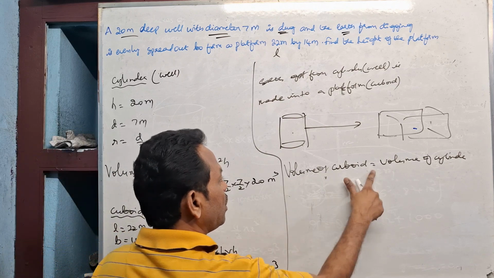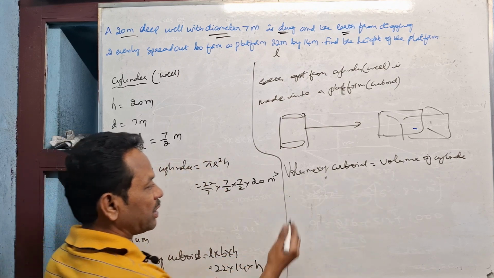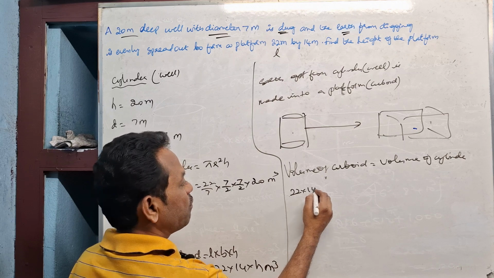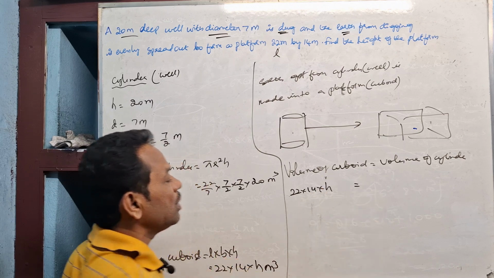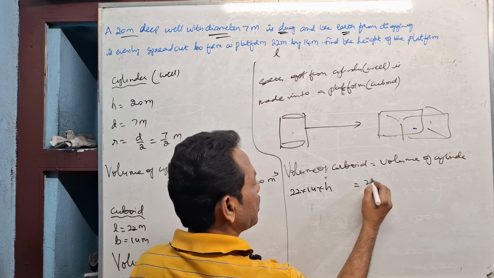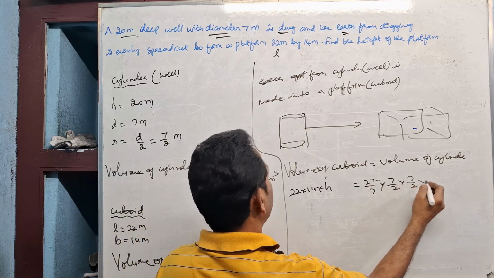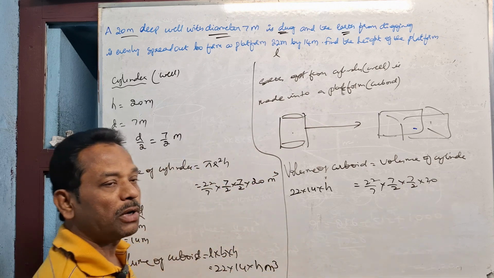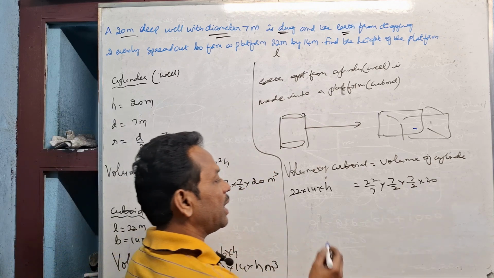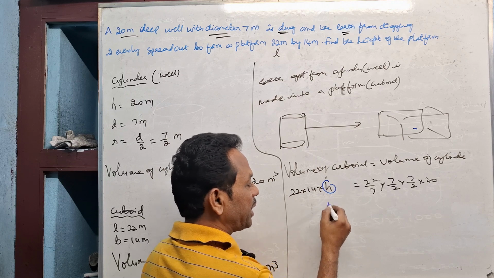Here we know the volume of cuboid. So 22 into 14 into H equals the volume of cylinder, which is 22 by 7 into 7 by 2 into 7 by 2 into 20. Be careful here, we need the H value, so let me keep H as it is.